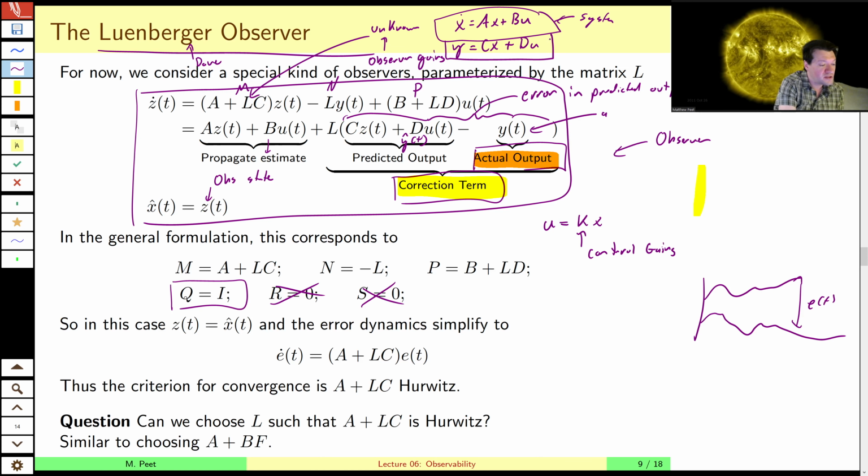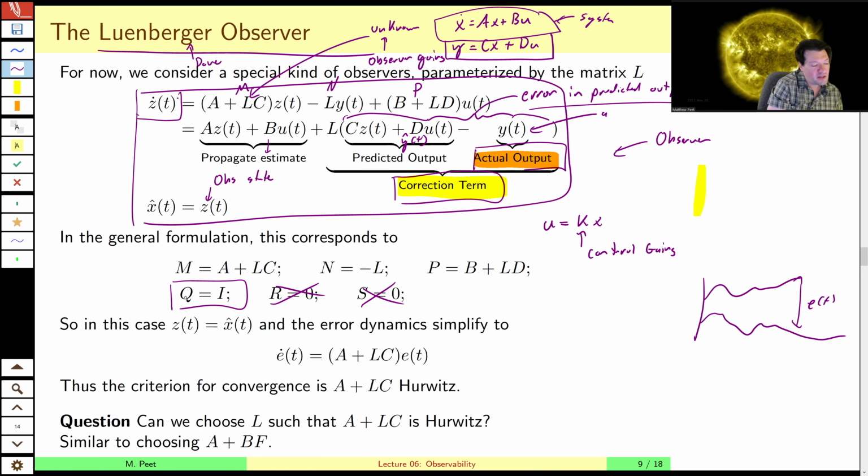So we have this error in our predicted output, and then we want to somehow update or correct our estimate of the state. We want to evolve it, push it in the right direction based on the error in the predicted output.